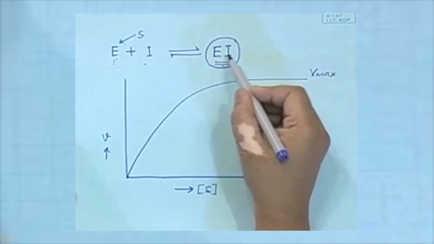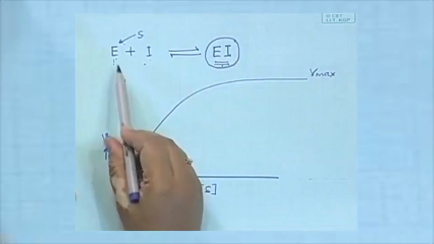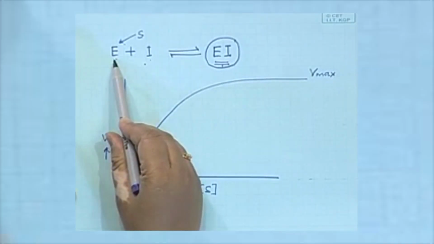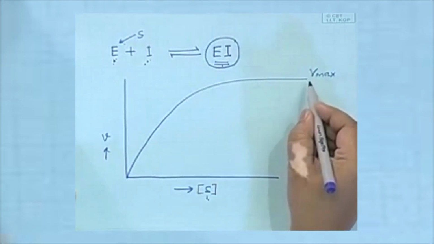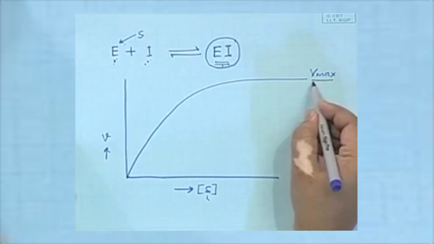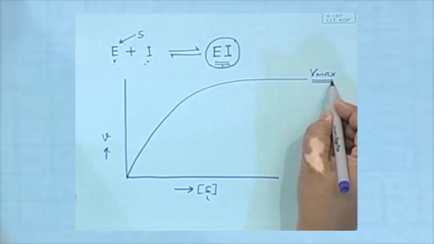This is a loose association, so I can have free enzyme dissociated from the inhibitor. So if I add a large amount of substrate, I can have the enzyme actually reach the same value of Vmax. What do I mean by that?